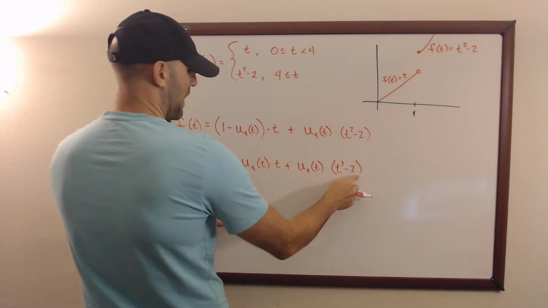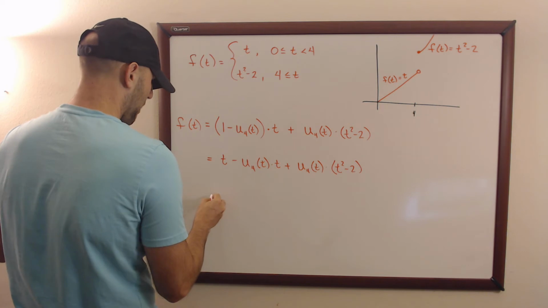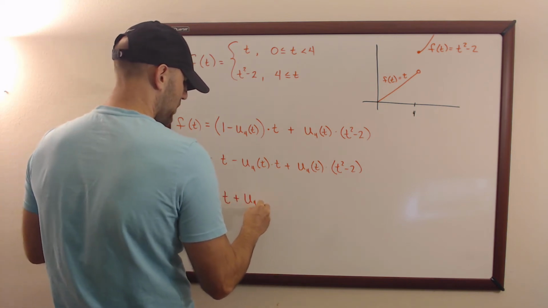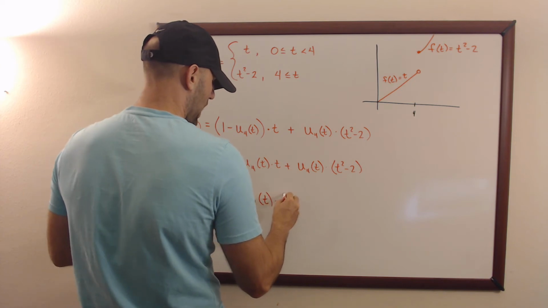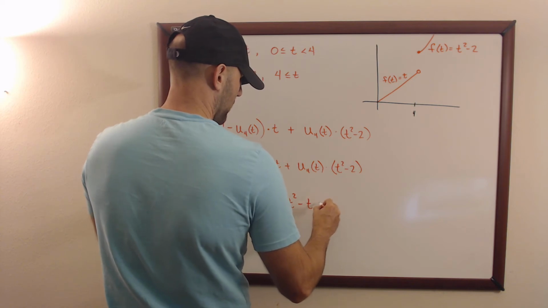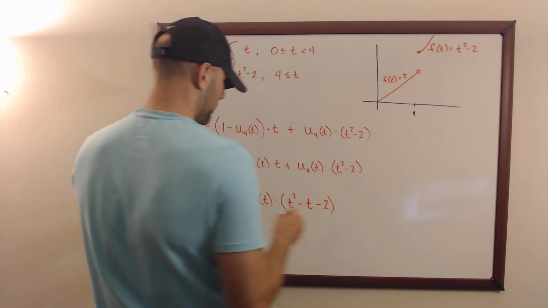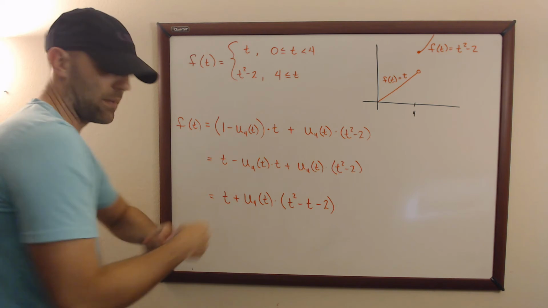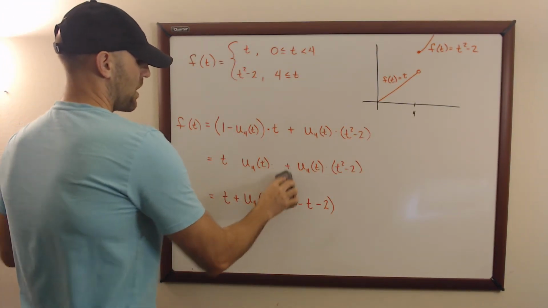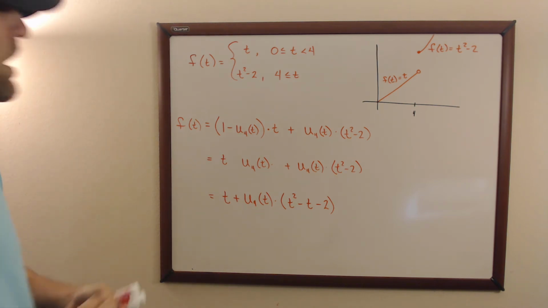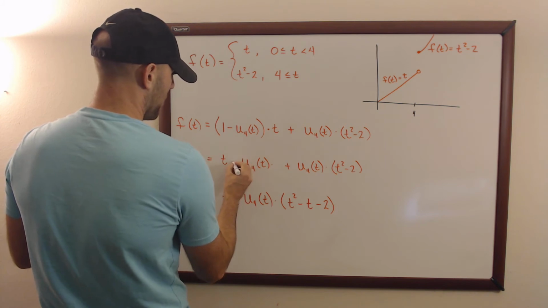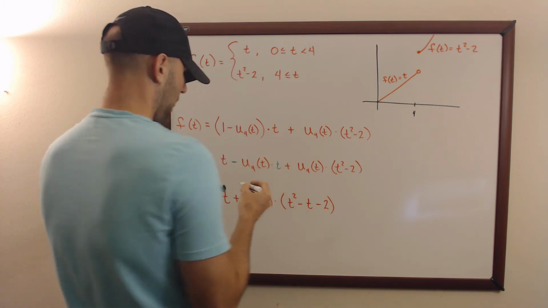So I've got a t squared minus 2, and I've got a negative t here. So I've got t plus u sub 4 of t times t squared minus t minus 2. Okay, and let me color code this a little bit, because sometimes it's hard to see where stuff goes. Clearly the t squared minus 2 came from there, but the minus t came from minus t, right?